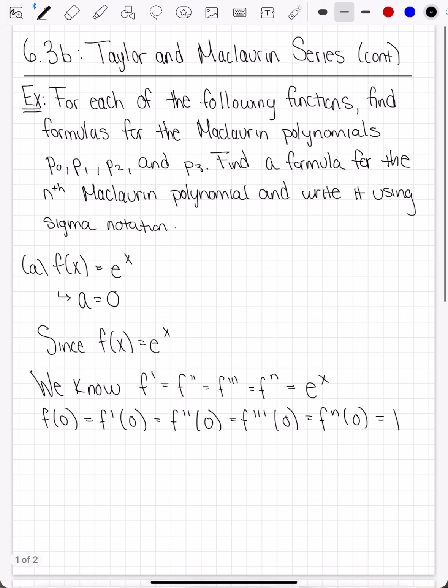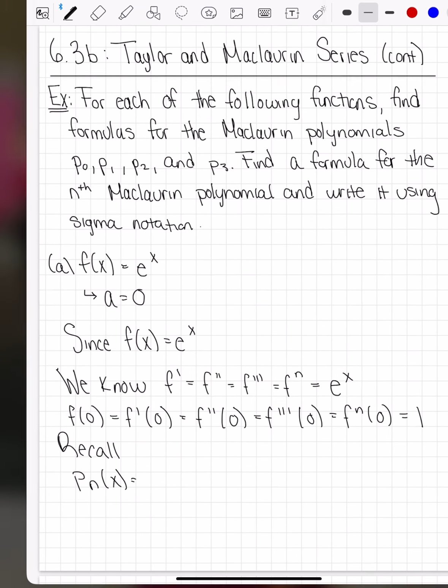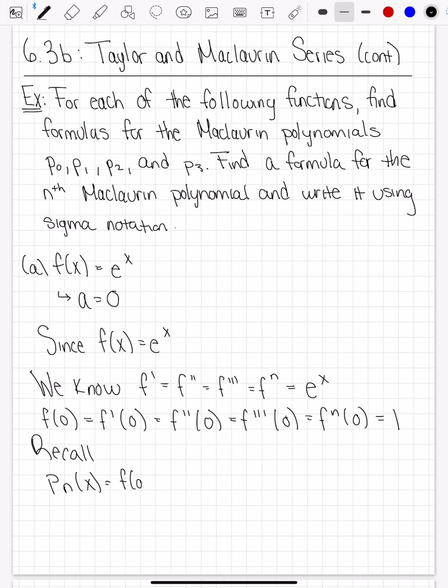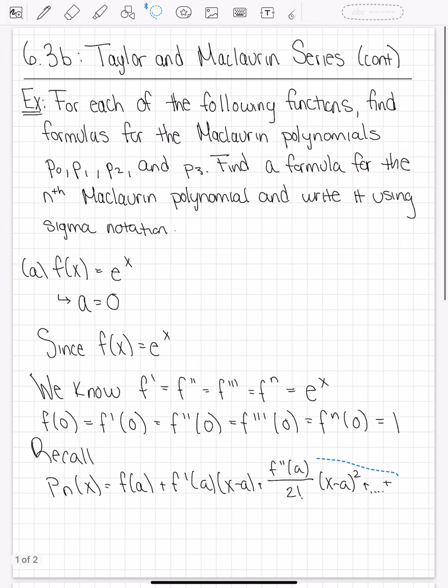We know when anything is raised to the 0th power, it's equal to 1. Okay, so recall our formula for the Taylor series, equivalently Maclaurin series polynomials, is f of a plus f prime of a times x minus a plus f double prime of a over 2 factorial times x minus a squared plus dot dot dot up until we get to the nth term.